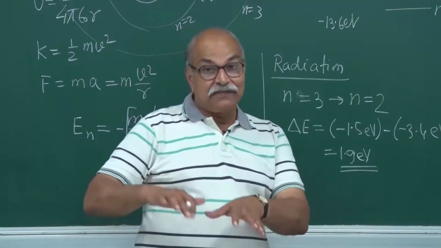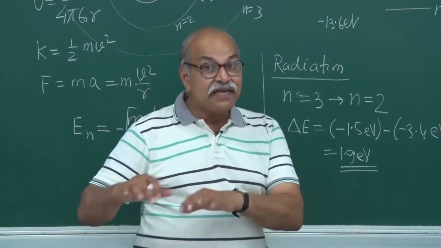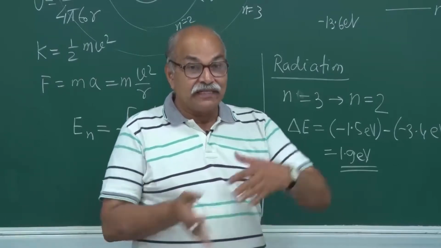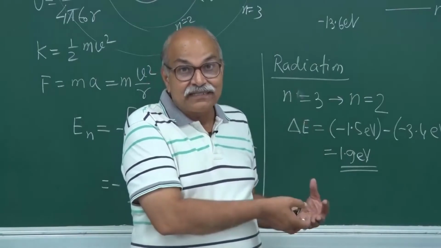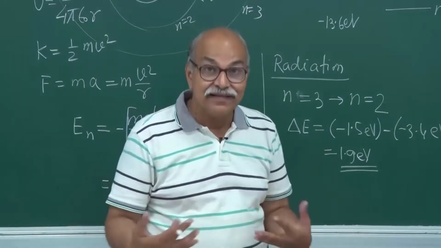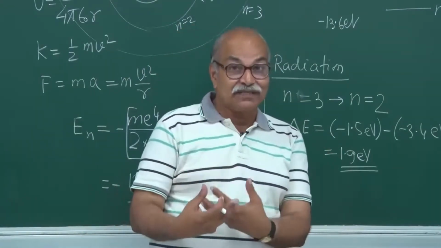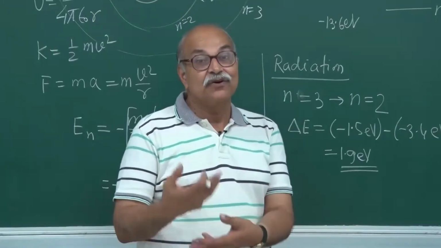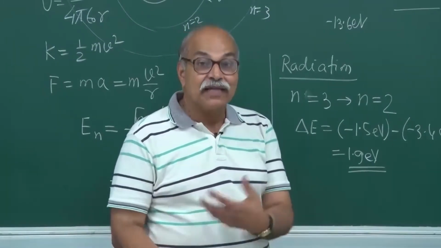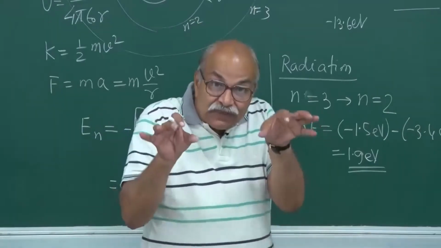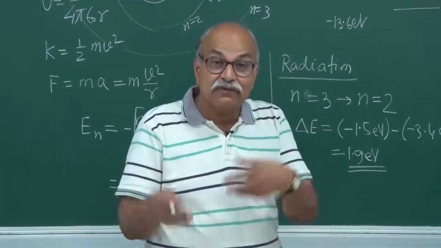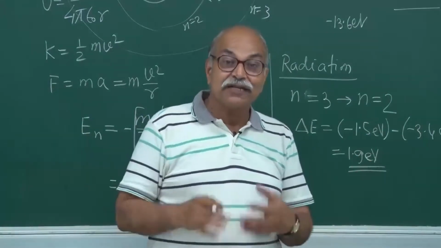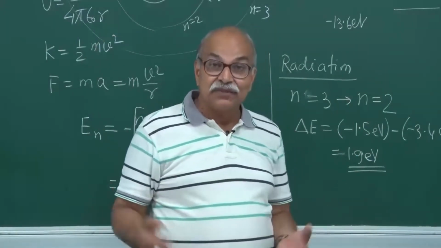So wavelength and frequency, which are wave characteristics, and energy and linear momentum, which are particle characteristics, are both interrelated. The same entity, which we call radiation or light, has photons. You can describe it as photons which are countable, 1 photon, 2 photons, 10,000 photons, 10 to the power 7 photons, and so on.